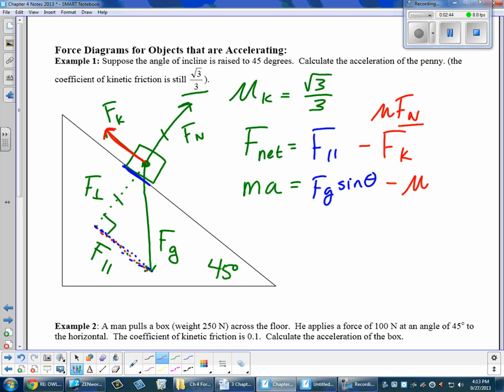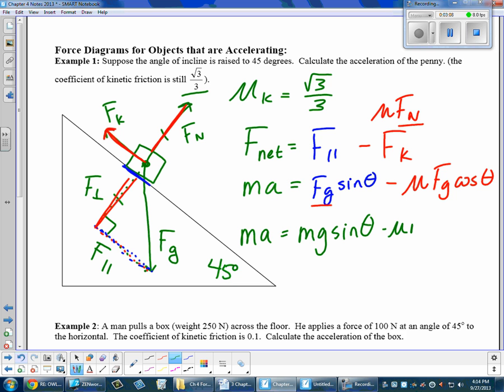But wait a minute, Fn is equal to F perpendicular, which is Fg cosine theta. I also know that Fg is equal to mass times gravity, so I'm going to rewrite this whole equation. Ma equals mg sine theta minus mu mg cosine theta.